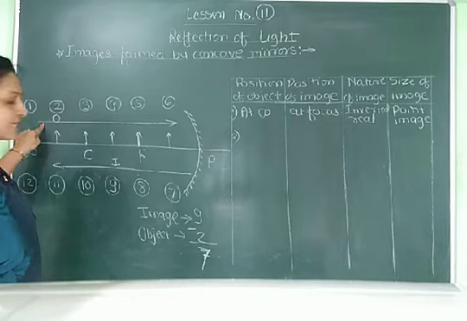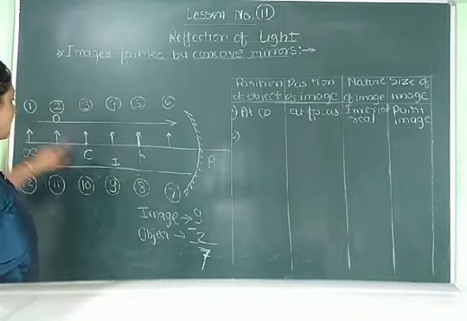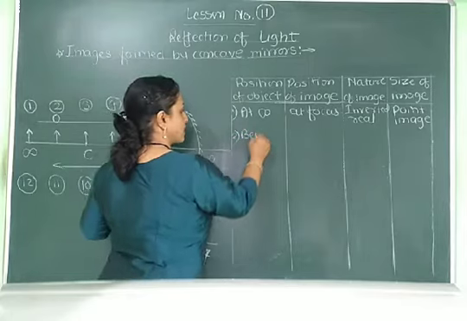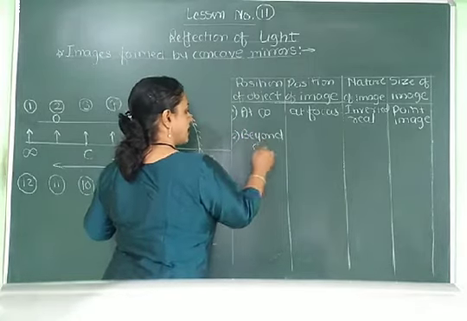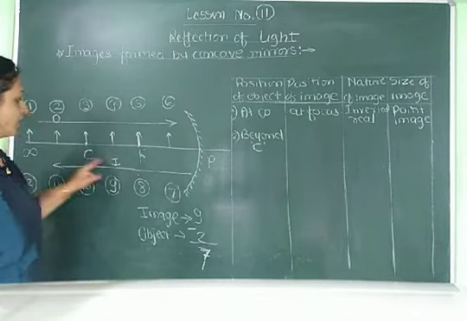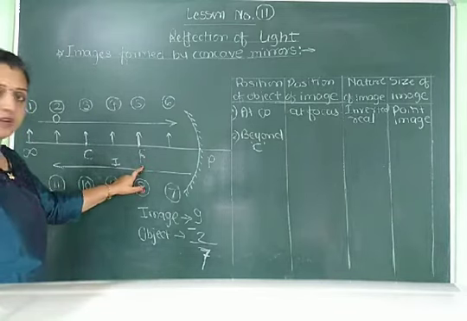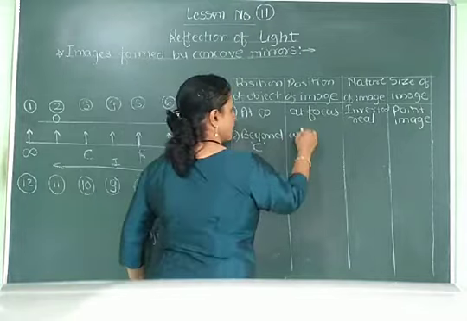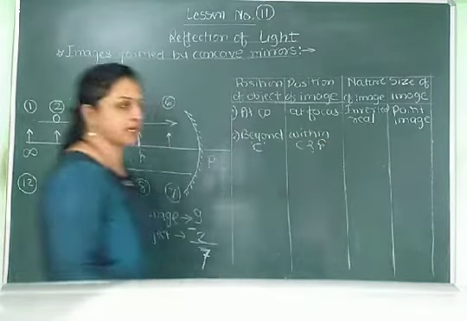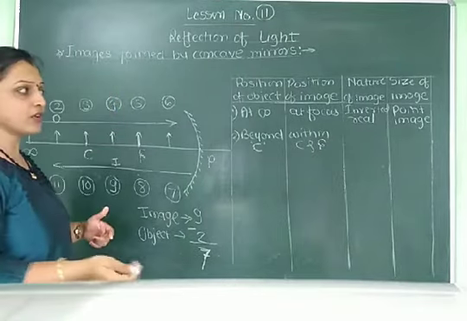So, what is the next? If we place the object beyond the center of curvature, what can we write here? Beyond center of curvature. Then here we get its image within the center of curvature and focus, within C and F. Okay, very simple. And then what will be the nature of the image?